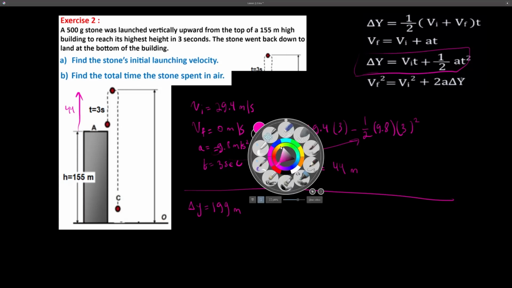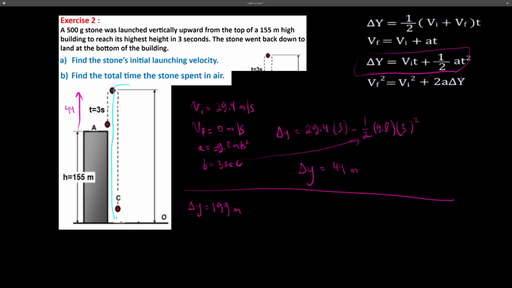Let's write what is given for just this part. We already know the time from A to B, this part of the journey, is 3 seconds. And we want to find the journey from B to C. So from A to B, 3 seconds, and then B to C we're going to find, and then we're going to add them, and that's the total time.